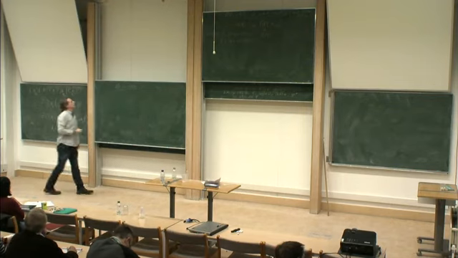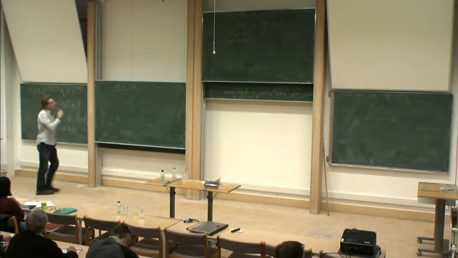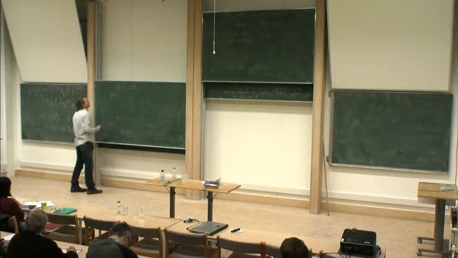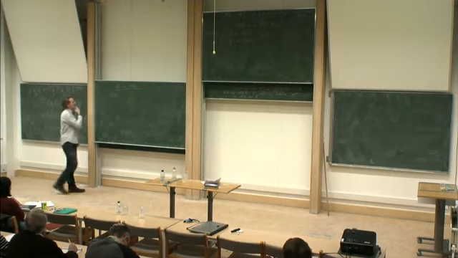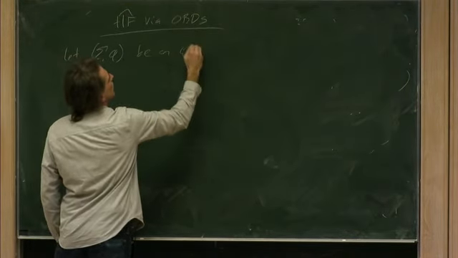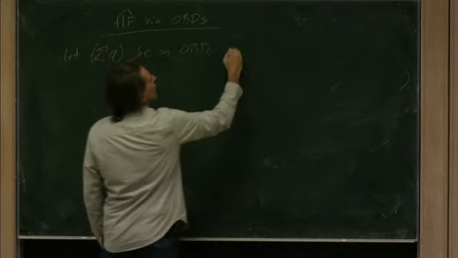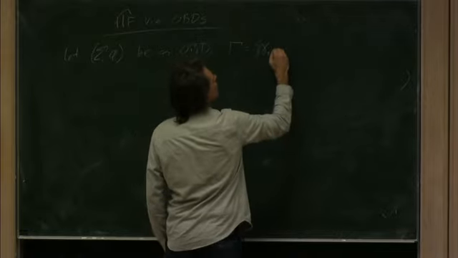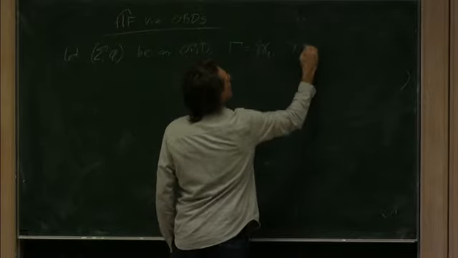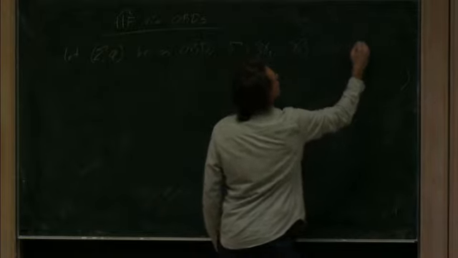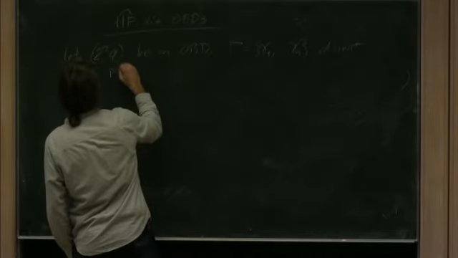Okay, open book decomposition. So what we want to do is start out with our usual data of an open book decomposition, and then we'll take some additional information. So gamma, this will be a collection of disjoint properly embedded arcs.